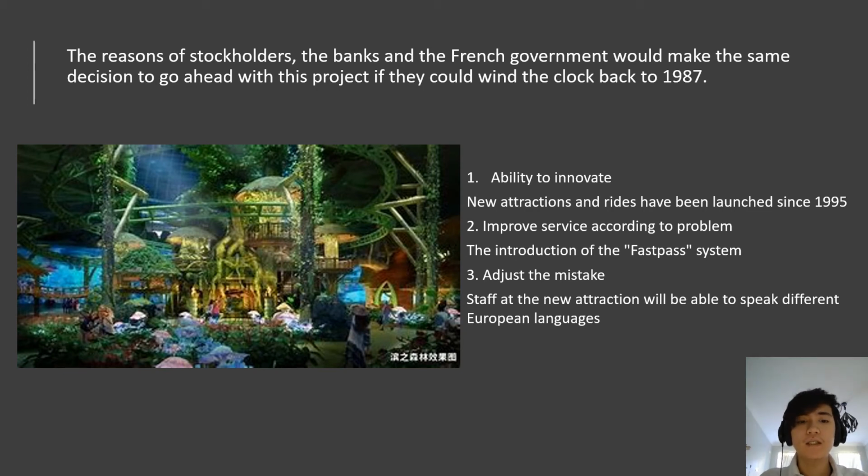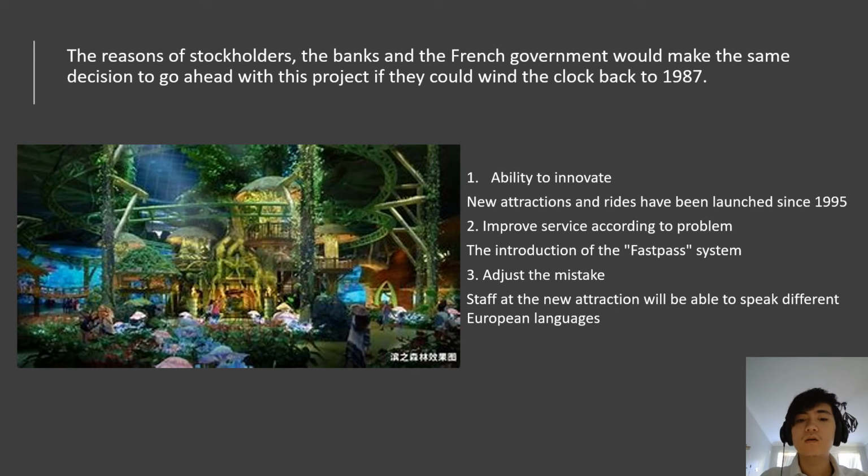Since 1995, Disneyland Paris has continually introduced new attractions and rides. Secondly, Disneyland will constantly upgrade the service based on customer feedback. For example, the fast pass system was introduced.